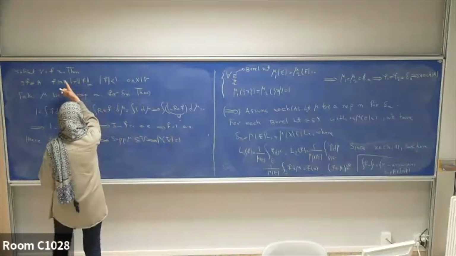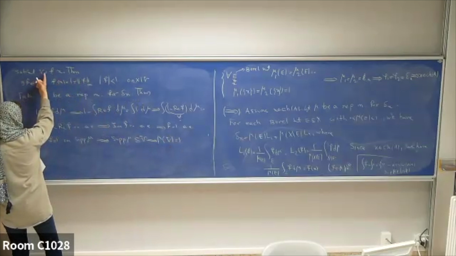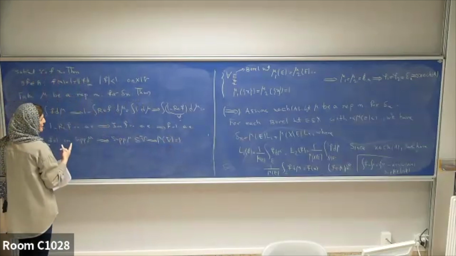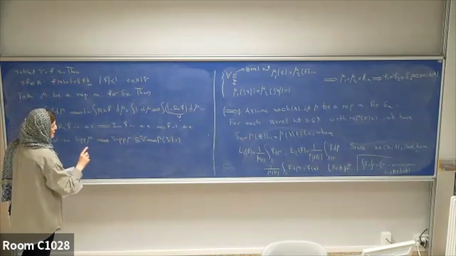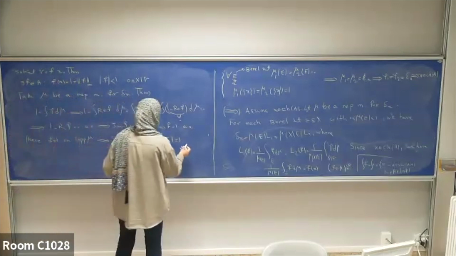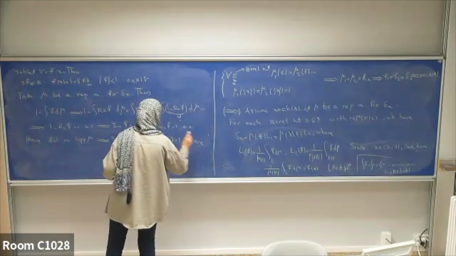It works for each open neighborhood V of x, and mu is regular, so mu of the point x should be 1.